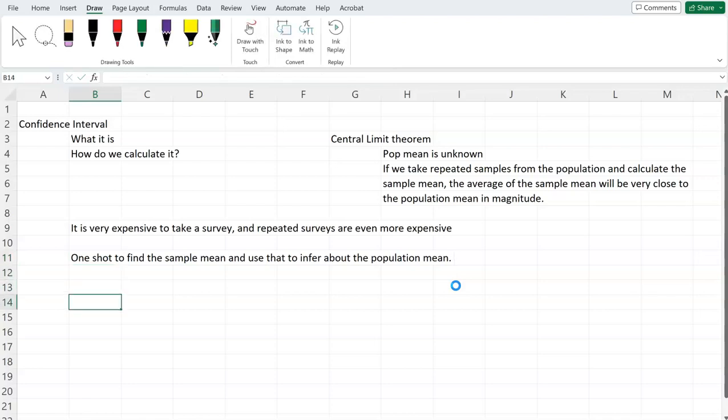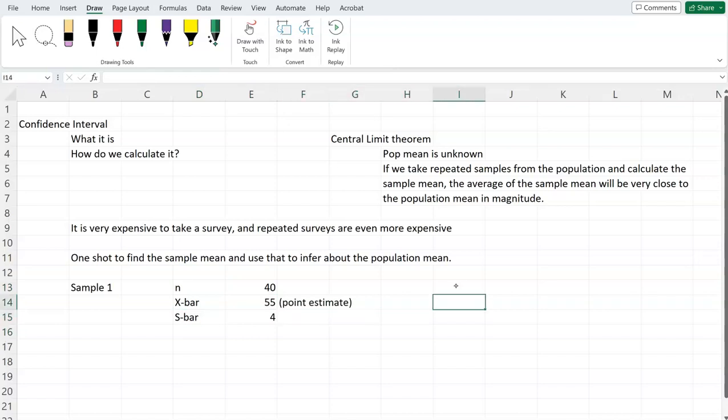So let's say we took a sample. Let's say my sample 1 has n of 40, and I find that my x bar, which is my sample average or sample mean, is 55, and my s, which is my sample standard deviation, is 4. This is what we would call a point estimate, because it's giving me an idea about just one point that we have.